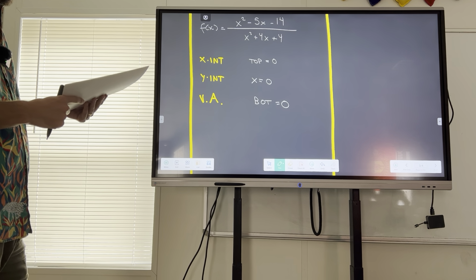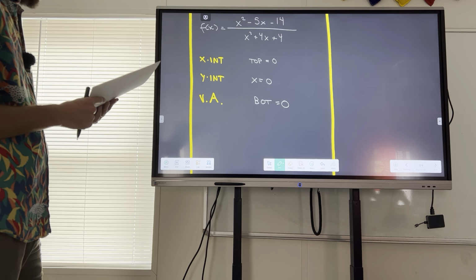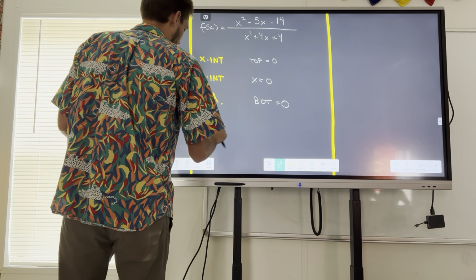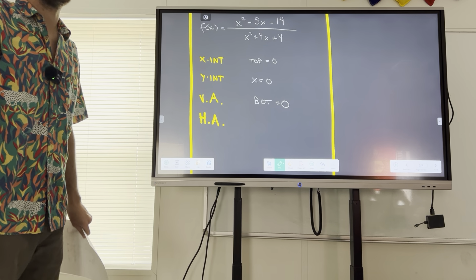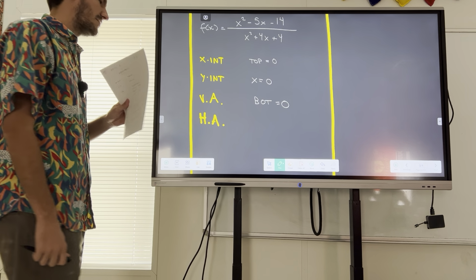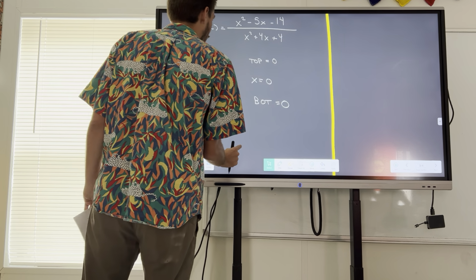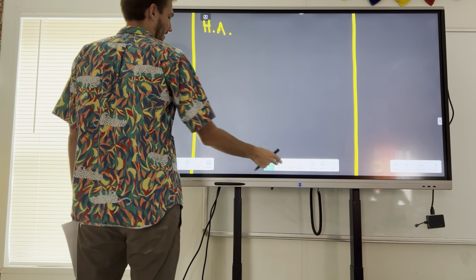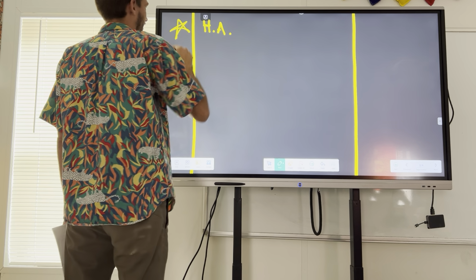Now, what about the horizontal asymptote? Do we know how to find the horizontal asymptote? Yes, so the horizontal asymptote is one I'm going to put a star next to.